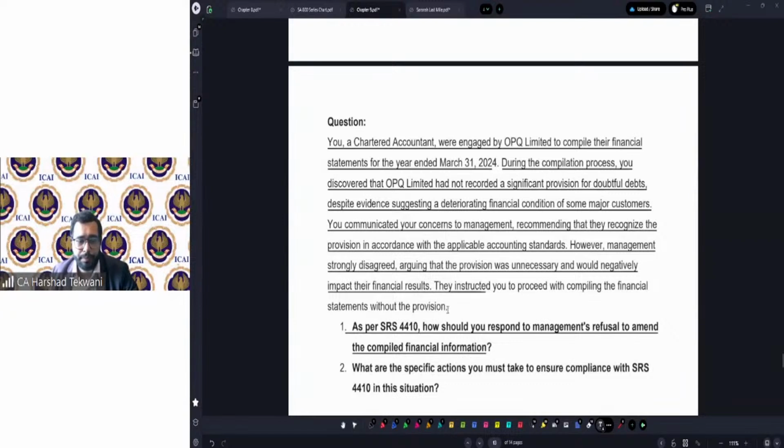So what would you do in this scenario? Come on, guys. What would you do in this scenario? So first of all, no, that is the last step, Rakesh. You need to check the first step also. That is the last step that you are referring to over here.